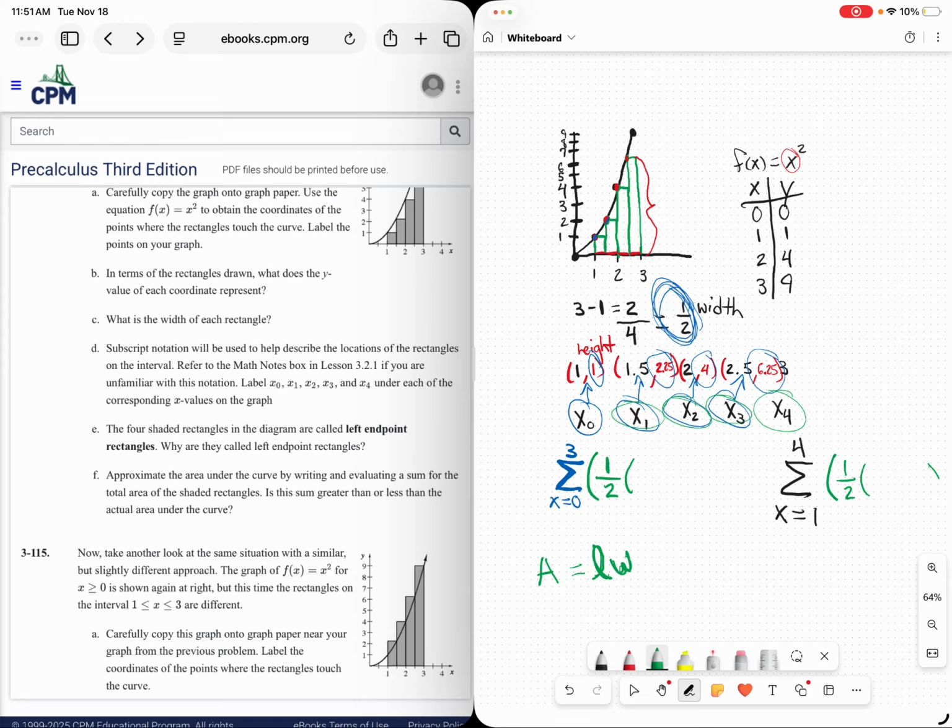Now, the length or the height, right? Base times height, right? The height changes. And it changes based on the formula of the line or the curve or the equation. But how is it changing? That's what we have to figure out. Well, it's a linear change, right? It's changing 1/2 every time.